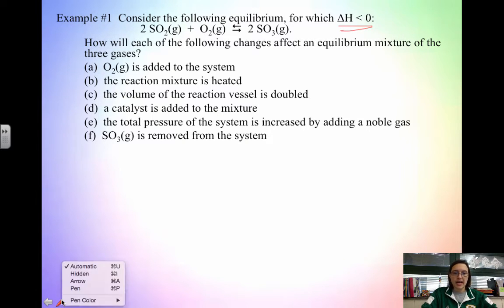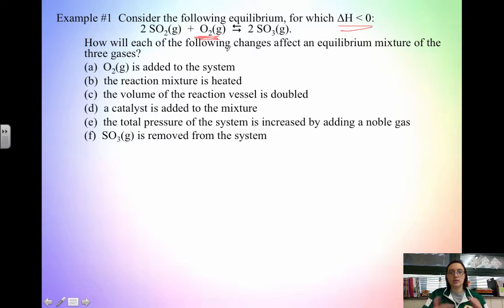If O2 gas is added to the system, it means we're adding more reactant. Well, now we've shifted equilibrium. We now don't have the right amount of products to reactants. We don't have that correct ratio to equal Kc or Kp. Now instead we have too much reactant. So what we need to do is somehow get this back to equilibrium.